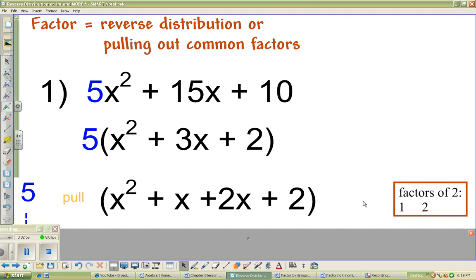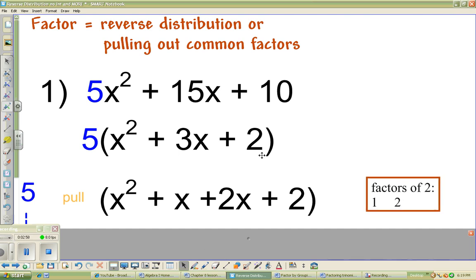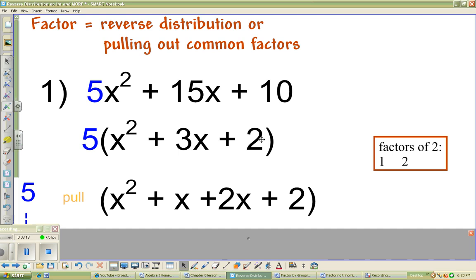Now, the first question we ask is, what 2 factors of 2, when we multiply them together, we get 2. But if we add them together, we get 3. That's the question. What are the factors of 2 that when we add them together, we get 3? Well, there's only 2 factors of 2, so that's an easy question to answer.